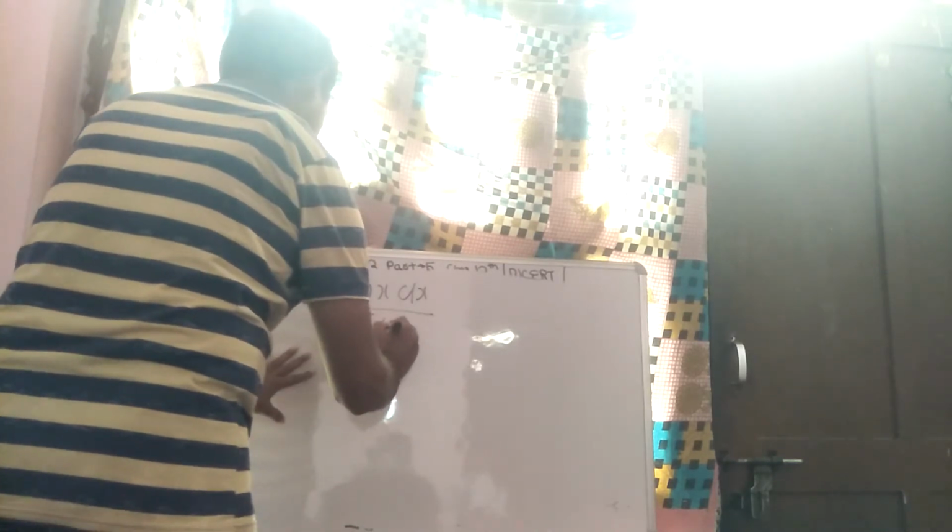Next, sin x upon 1 plus cos x. The question is here. We put 1 plus cos x equal to t, so minus sin x into dx equal to dt.